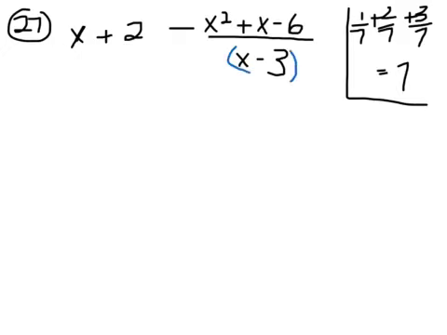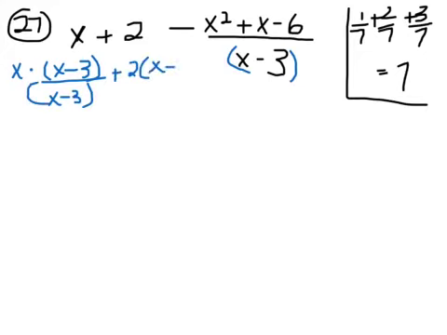So that means your x needs to get multiplied by x minus 3 over x minus 3. And your 2 needs to get multiplied by x minus 3 over x minus 3. And then I've got the whole minus x squared plus x minus 6. Here's the thing about this.